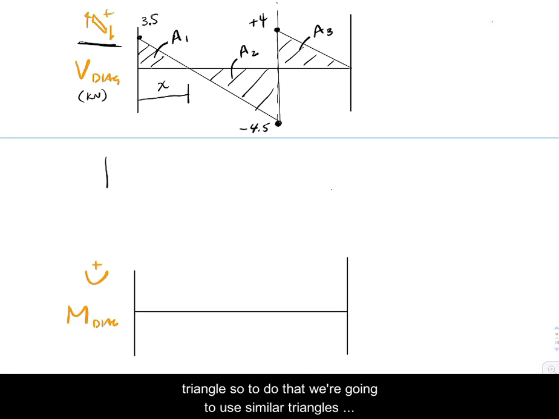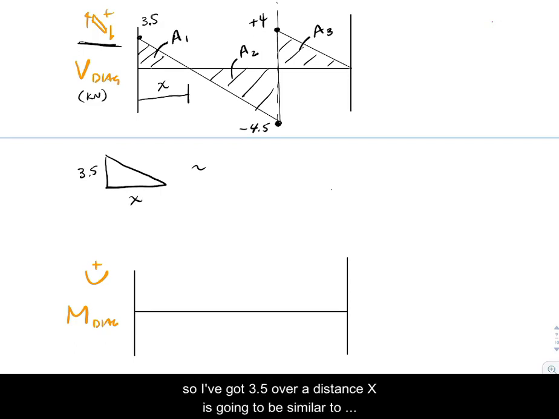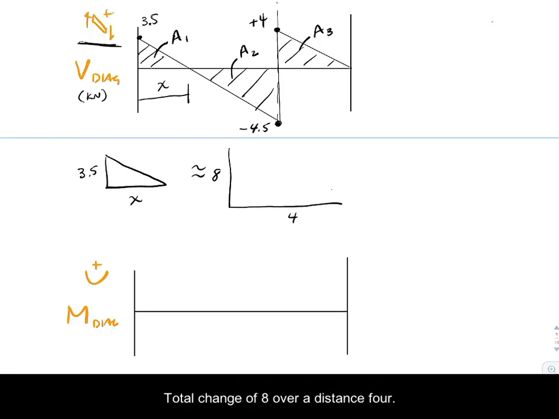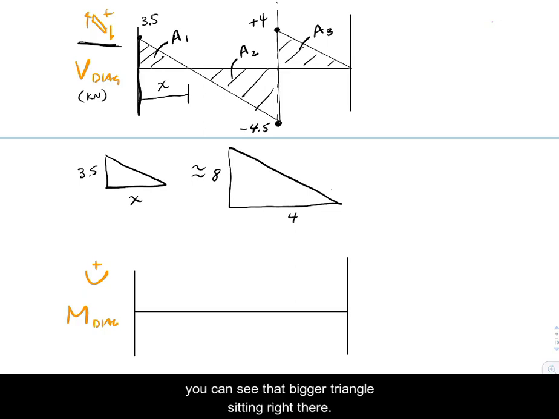So to do that, we're going to use similar triangles. So I've got 3.5 over a distance x is going to be similar to a total change of 8 over a distance 4. And you see that bigger triangle sitting right there.